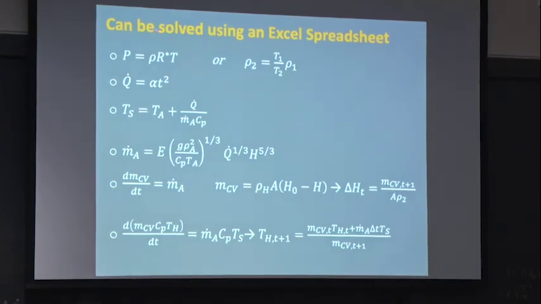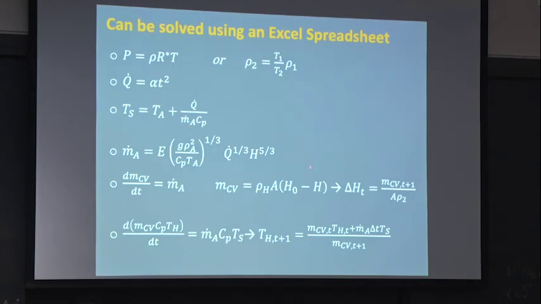The ideal gas law converts itself into the hot density is equal to the ambient density multiplied by the ratio of temperatures, okay? Then you get your fire: Q is equal to alpha T squared. Then you get your temperature of the smoke layer, that is going to be the ambient temperature plus Q over MA over CP.